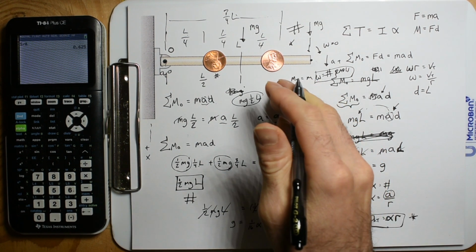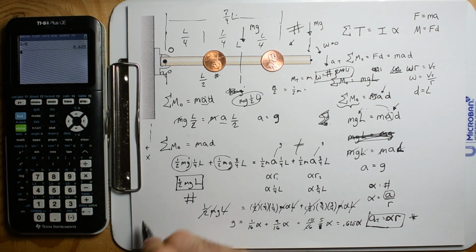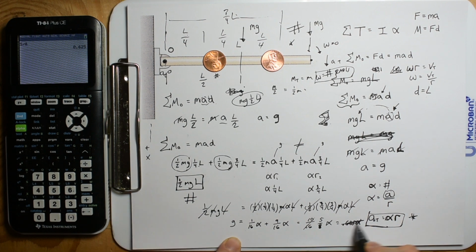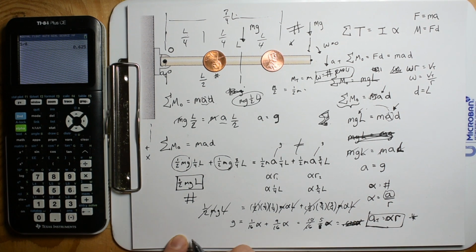Now, if you've done the bar problem, you will know that. Oh, and what did we just? Oh, yeah. Sorry, we're trying to solve for alpha. Okay, so angular acceleration is 8/5 g.